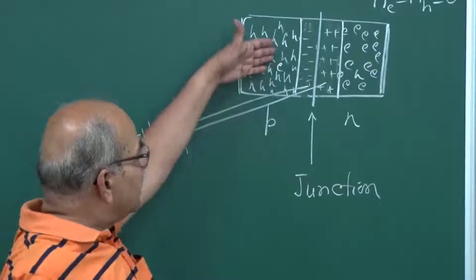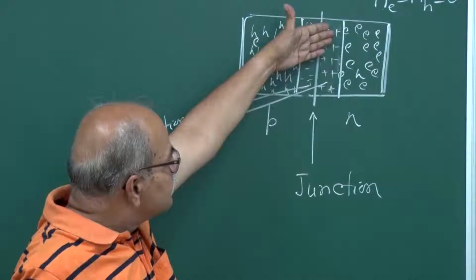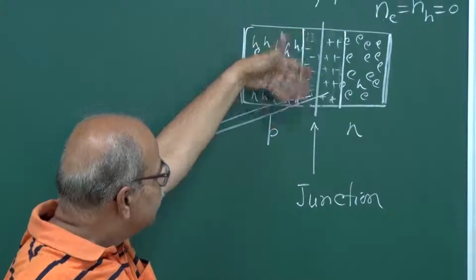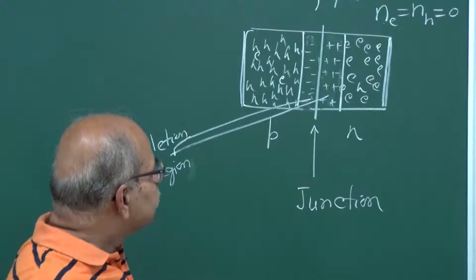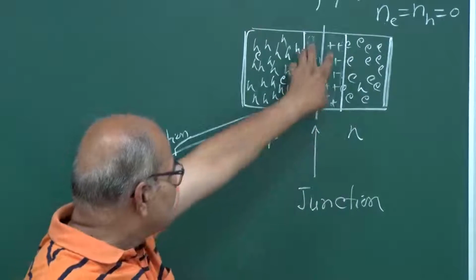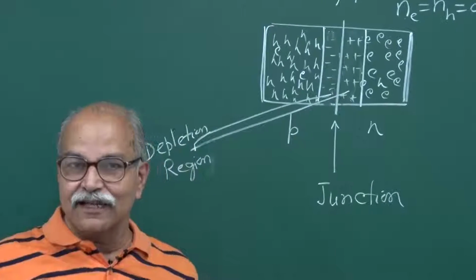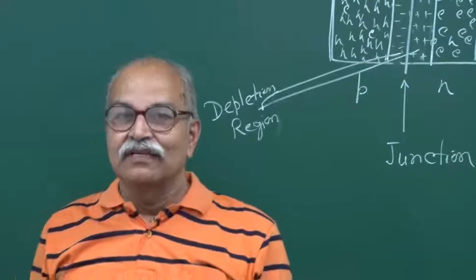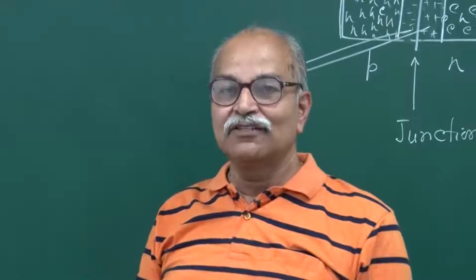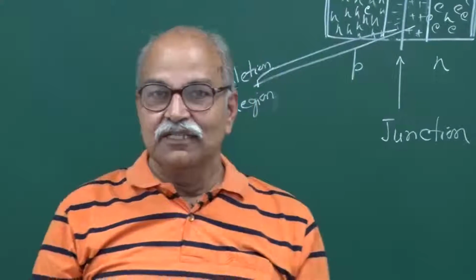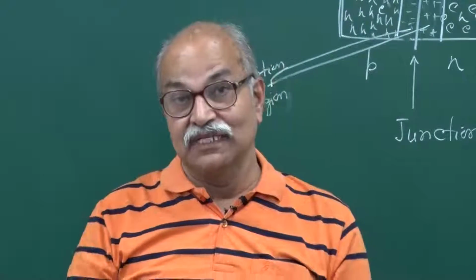These holes have gone here to neutralize these electrons, or the electrons have come here to neutralize these holes, and therefore the charge carriers are not there, that's fine. But then at any temperature, as we told earlier, new hole electron pairs are created, because in that material you have a thermal distribution.